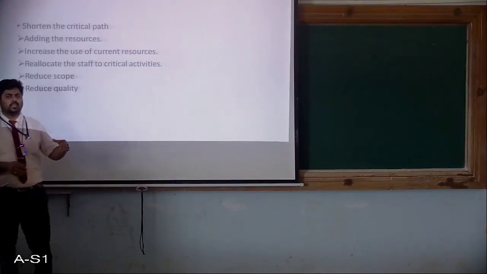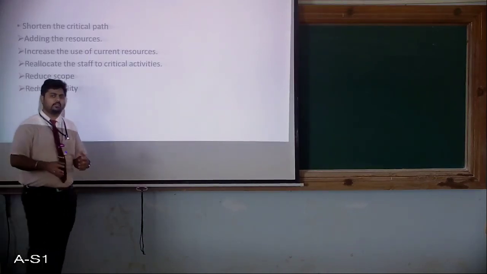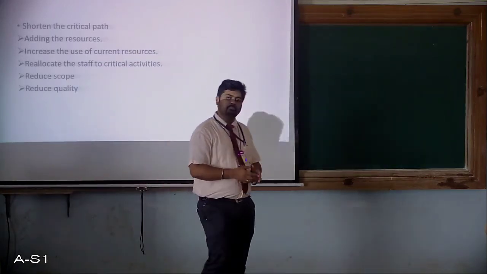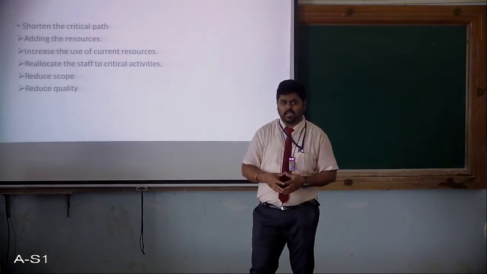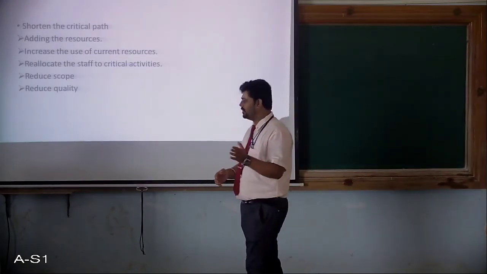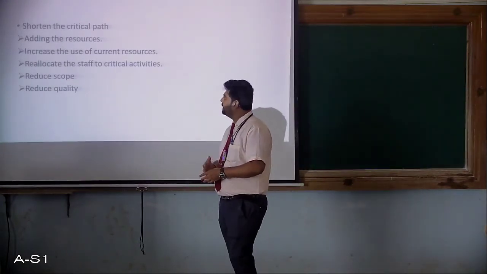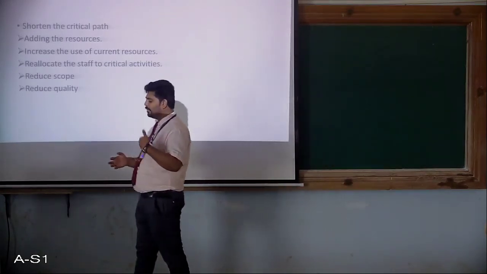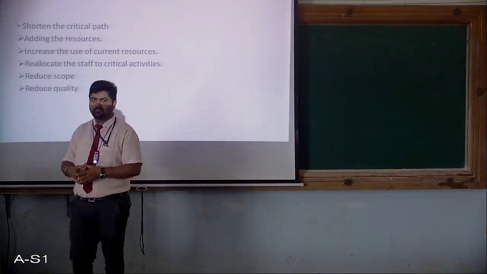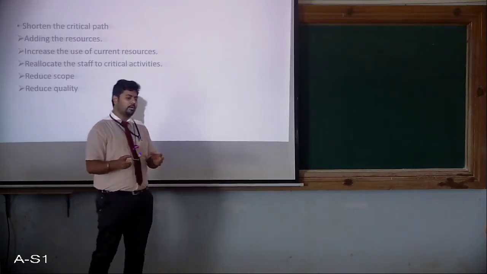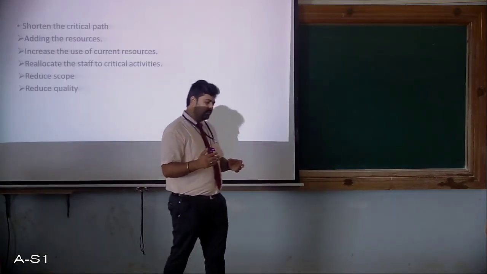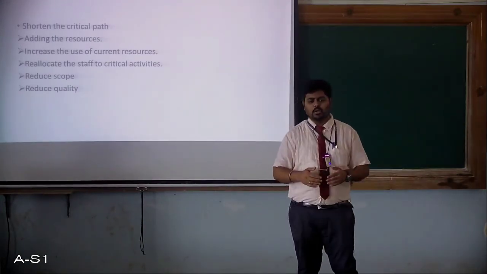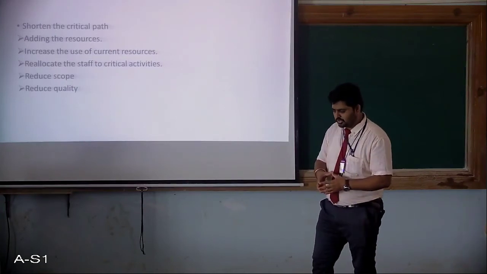So you cannot share that amount if it is a critical activity. Those resources cannot be shared at the same time with the other activity. So we have to give the highest or maximum priority to that particular activity. In that case, you can work with the non-critical activities, which means you can change the timing and allocate those resources. It won't affect your project directly.